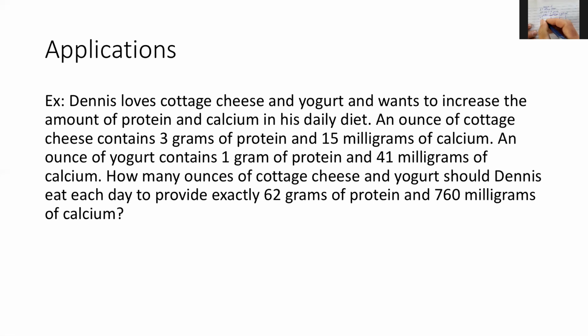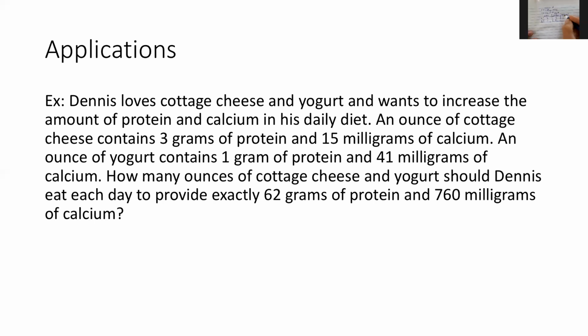So in this case, he gets 3 grams of protein from cottage cheese and 15 milligrams of calcium. And he gets 1 gram of protein from yogurt and 41 milligrams of calcium.